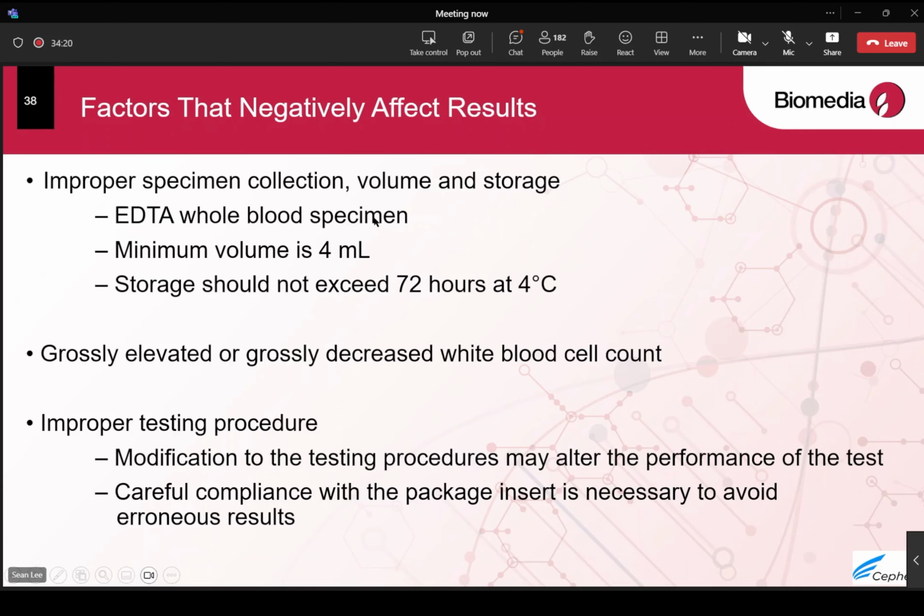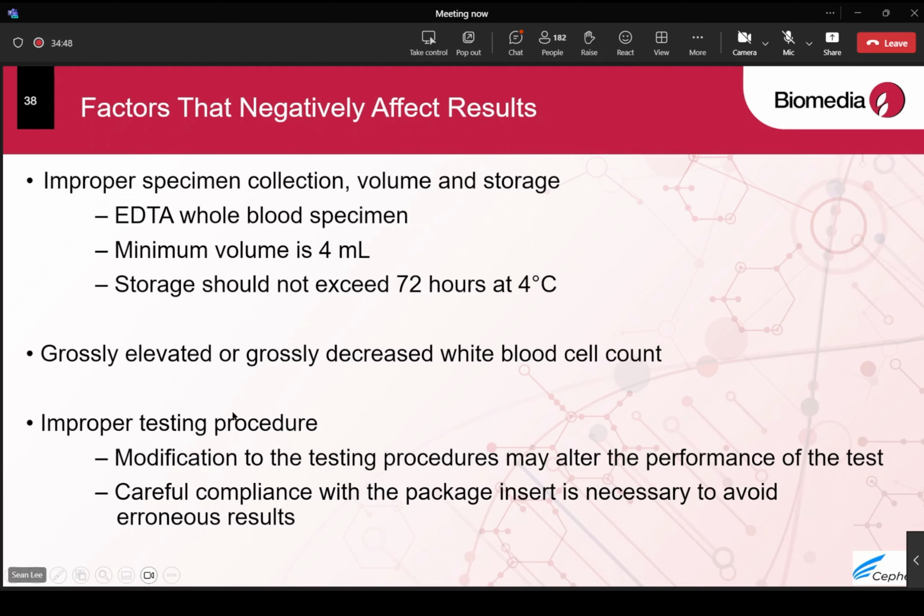So make sure you fulfill these requirements once you collect the samples. Sometimes the blood samples will have elevated or decreased levels of white blood cells. It may give you an invalid result as well, but we do have a solution for that, which I'll explain later on.